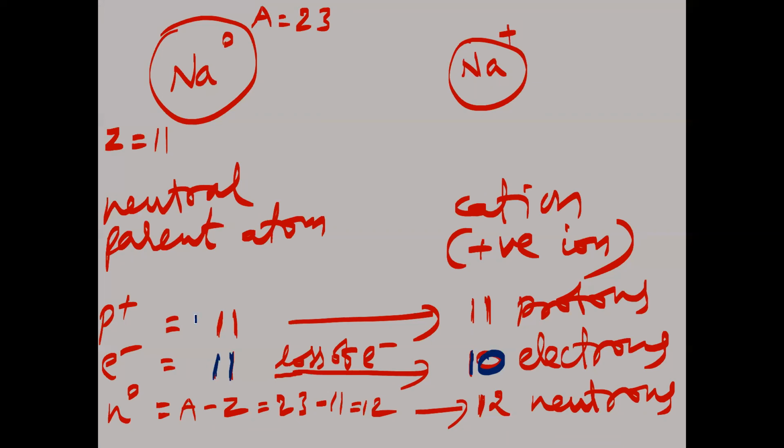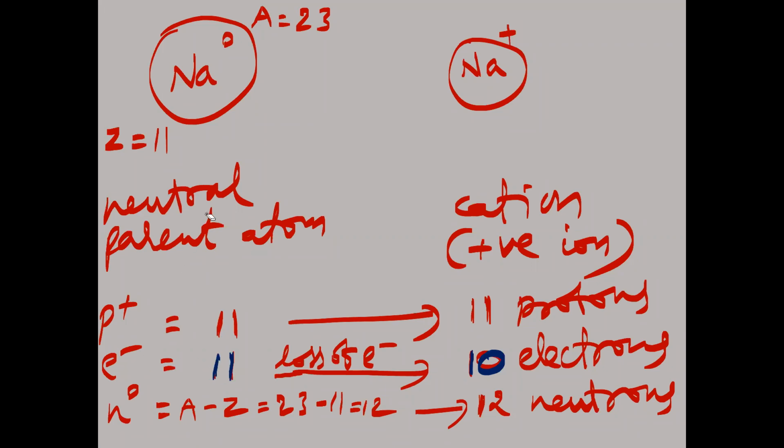Is that clear? So what is atomic number? It is the number of protons in the atom, or otherwise the number of electrons in the neutral atom. The number of protons present in a neutral atom, cation, or any ion is equal to the atomic number. The number of electrons present in a neutral atom is also called the atomic number.